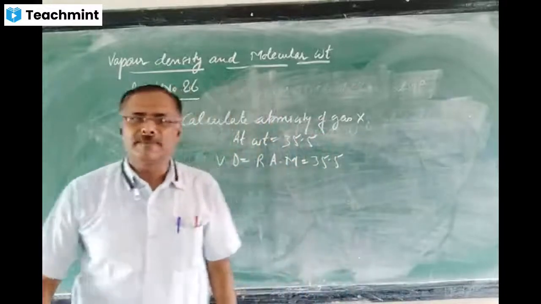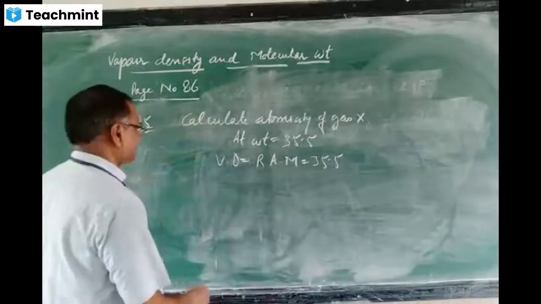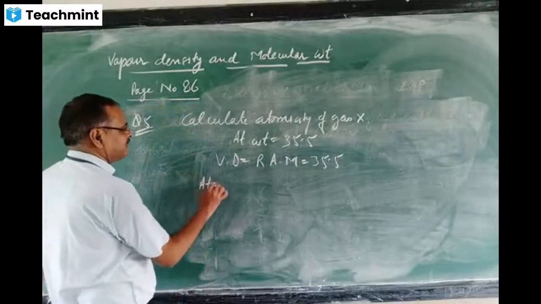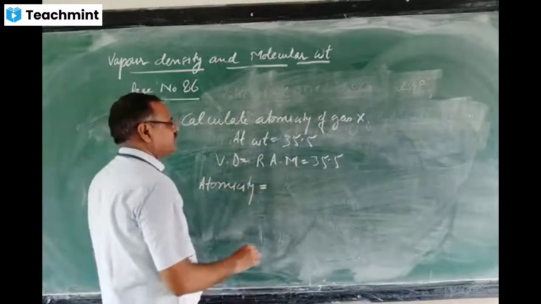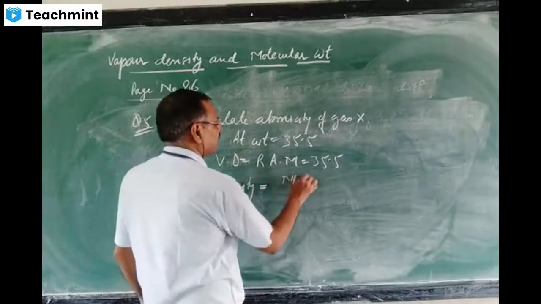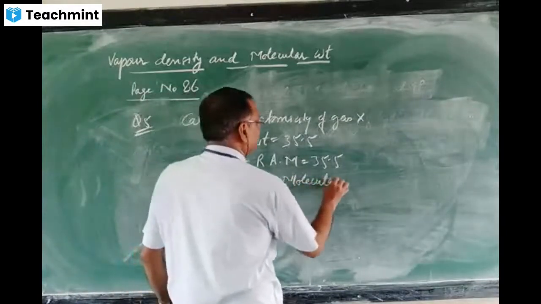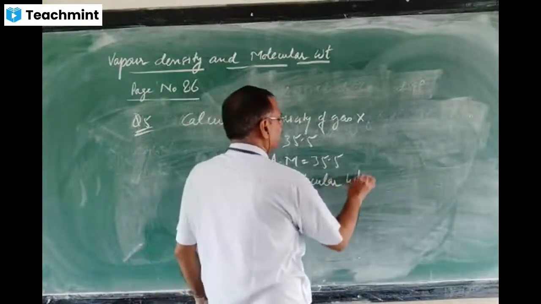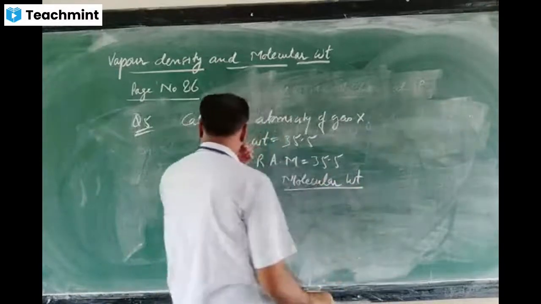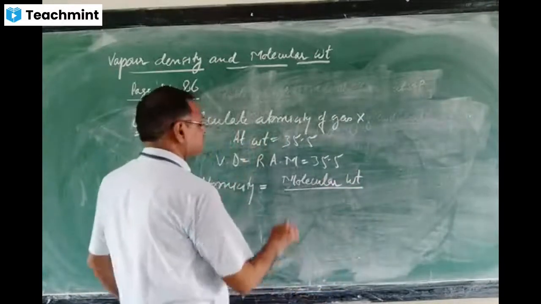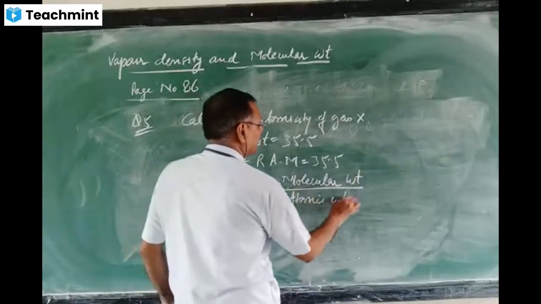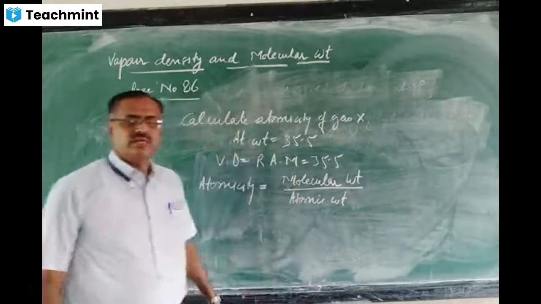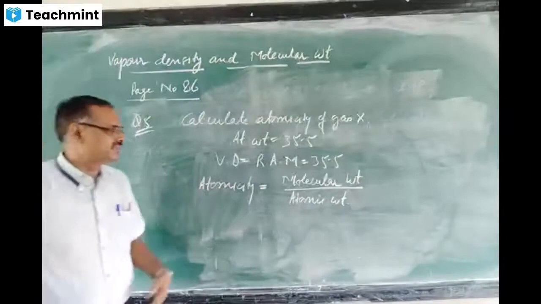One formula is used to calculate atomicity: atomicity is equal to molecular mass, or molecular weight, upon atomic weight.